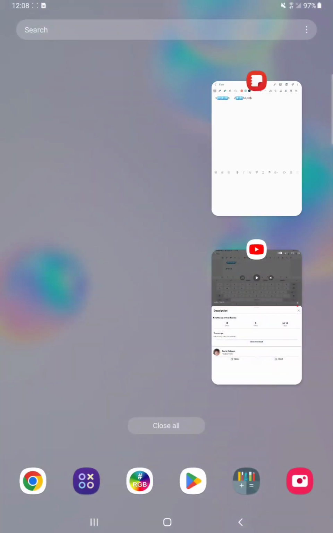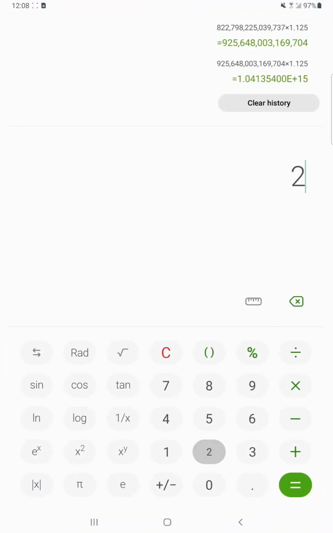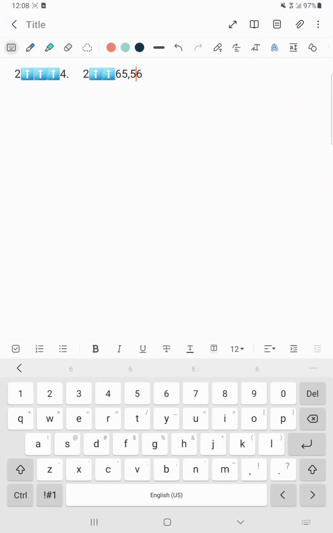Let me just go into my calculator. 2 to the power of 16. Oh, it's mixed up. So it's this. This will be a very massive number, because it is 2 to the double arrow of 65,536.